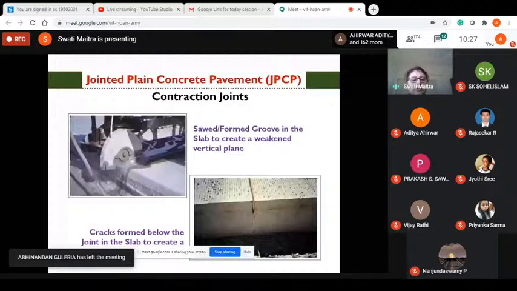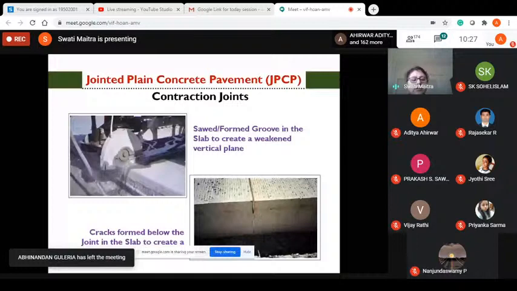In the case of aggregate interlocking action, this is another way of transferring load from one panel to another. It is used when the traffic volume is low, and the joint spacing is also less as compared to the dowel bar system. Here the interlocking action of the aggregate is responsible for transferring the load from one panel to the other panel.